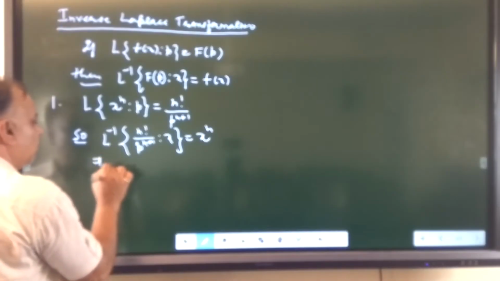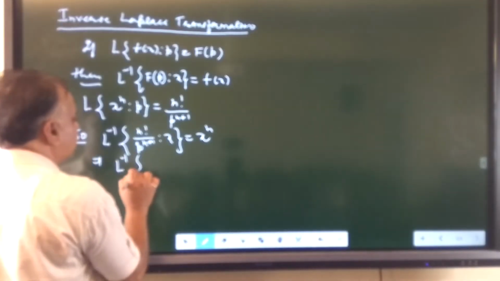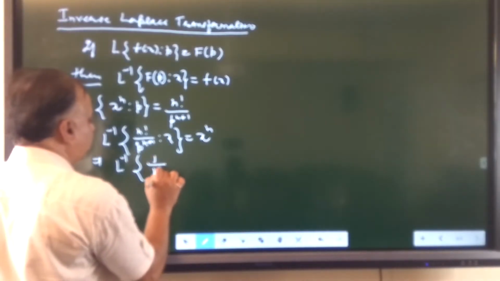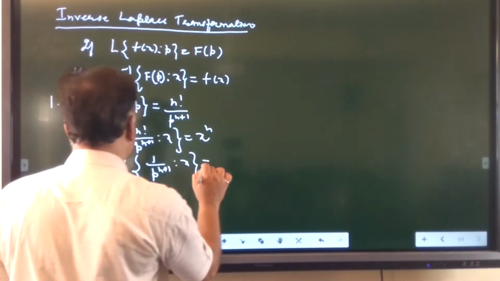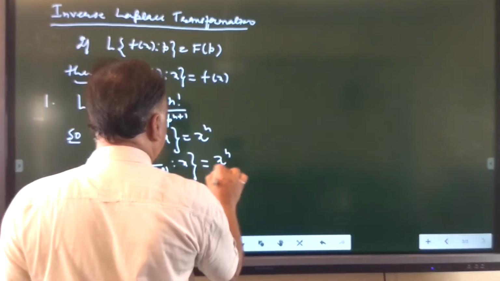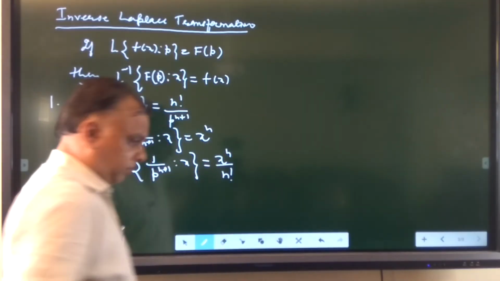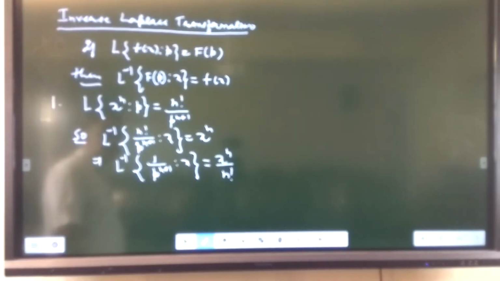So, we get the inverse Laplace transformation of 1 upon p raised to n plus 1 with respect to x is equal to x raised to n upon factorial n. This is the first result.